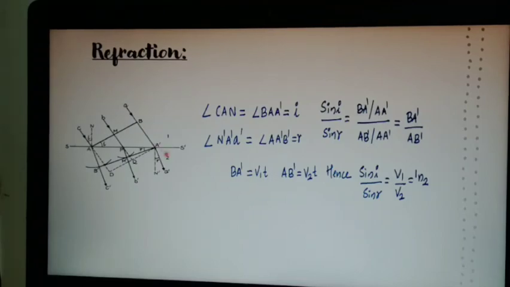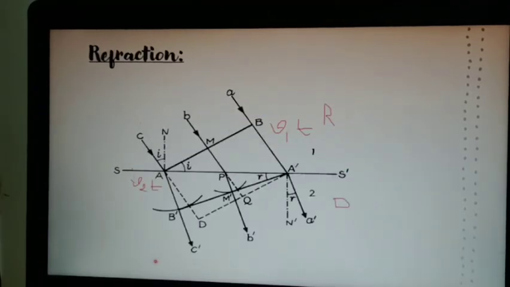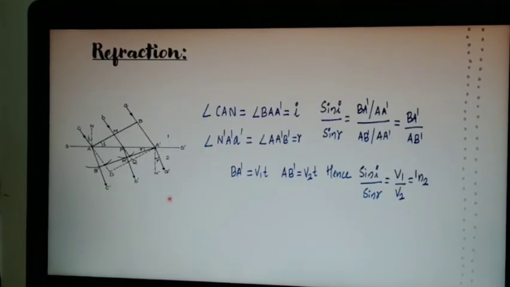BA dash, what is that? That I have already shown you. BA dash is V1t and AB dash is V2t, the distance. So here this distance is V1t and this distance is V2t. So sin I by sin R will become V1t by V2t. T and T get cancelled, that will become V1 by V2.